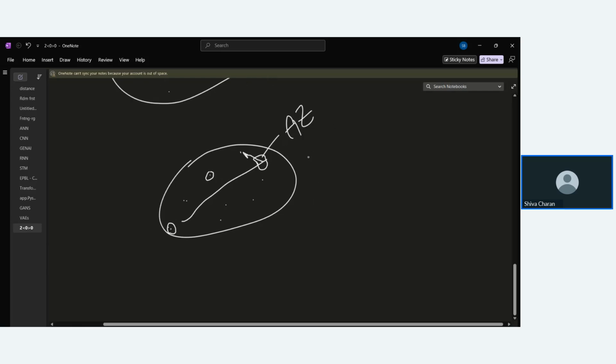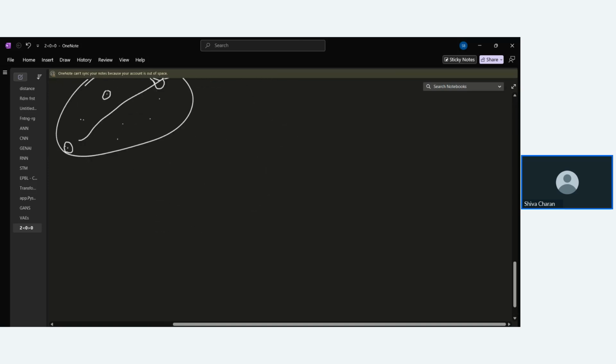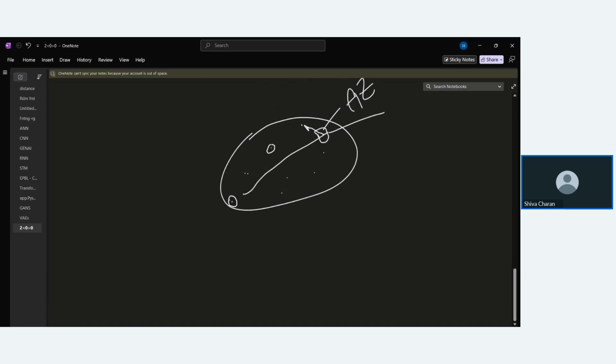I'll give an example. Let's say in this availability zone, that will be another, different concept; just understand this for now. A person uploaded the file or the application here. It's up and running.